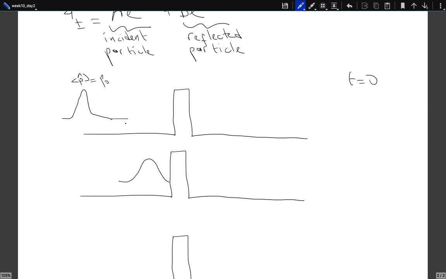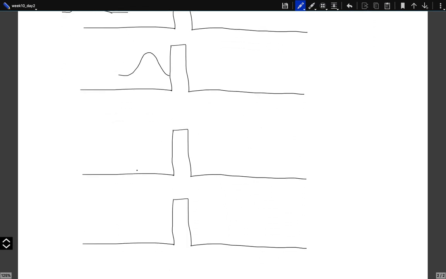Now, at this time, things get a bit complicated. I have absolutely no idea how it looks for the time being. It looks a bit complicated.